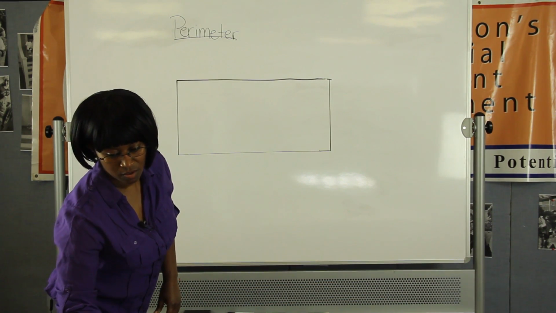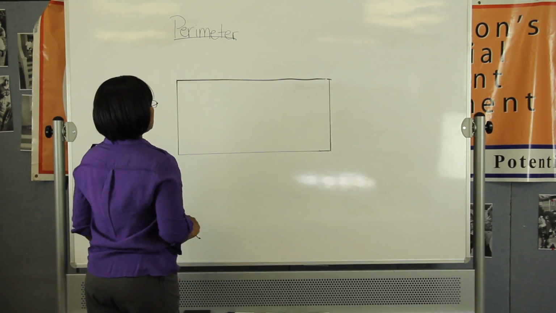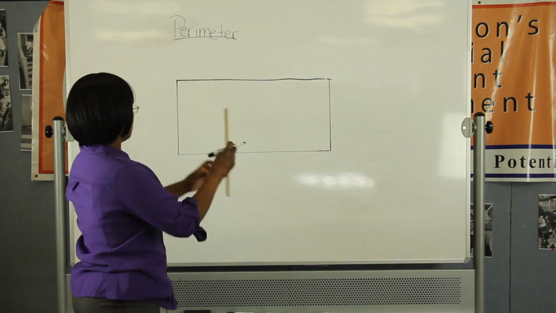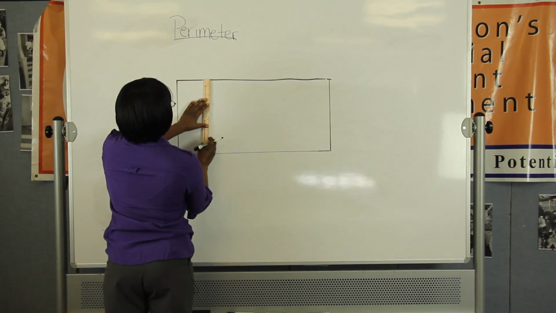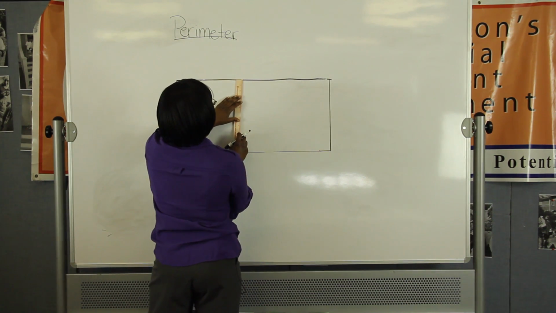Now, we're going to start adding rooms. So let's see. I might need a small ruler now. I'm going to put my living room right here.